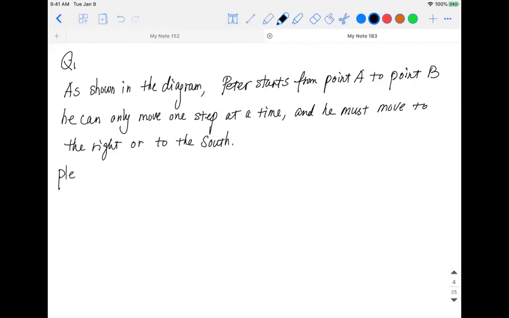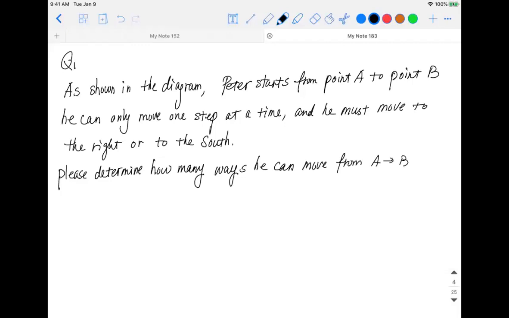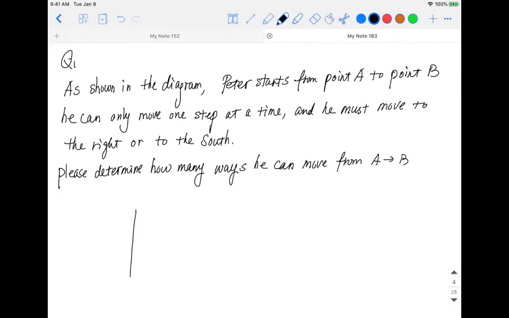Please determine how many ways he can move from A to B. You're basically looking at a matrix.